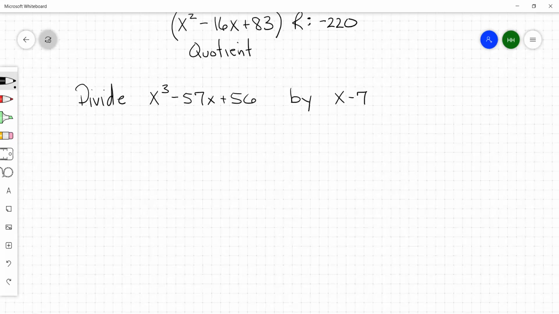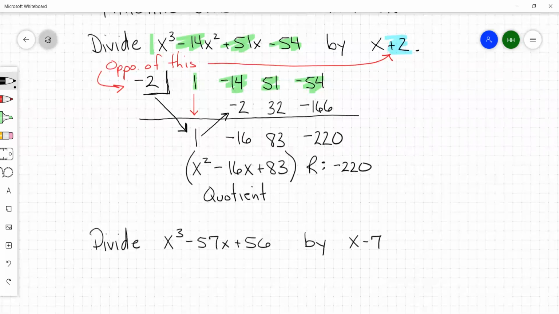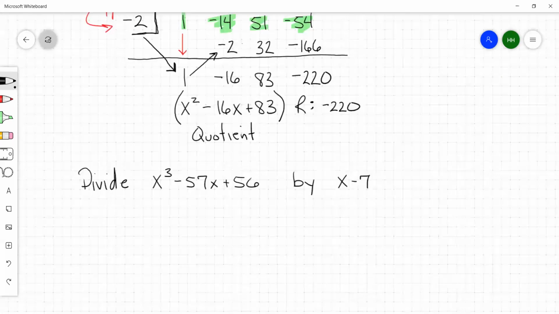Now, in the previous problem, do you see how the exponents went 3, 2, 1, 0? In this case, it goes 3, the 2 is skipped, and then 1, and then 0. You got to be real careful there. You got to fill in. Here's what I mean by fill in.